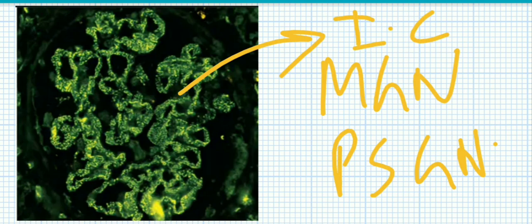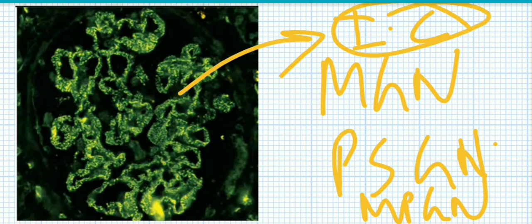The other condition where you get granular immunofluorescence, other than MGN and PSGN, is MPGN. In immune complexes, you get antigen, antibody, and also some complement, and that can give rise to granular immunofluorescence.